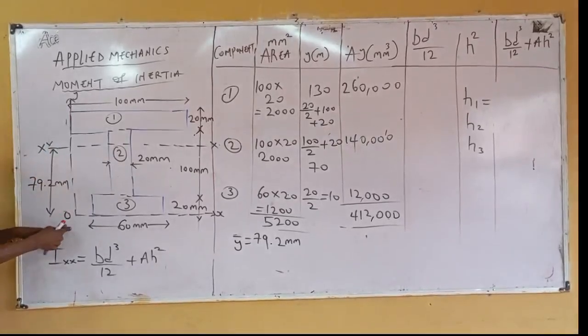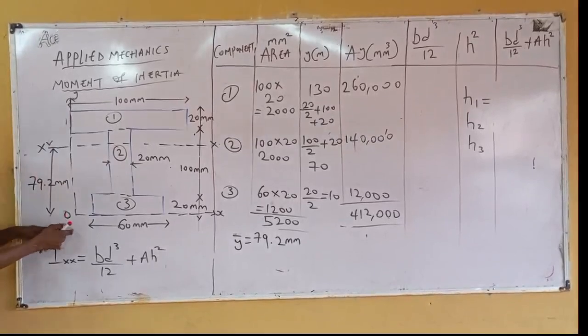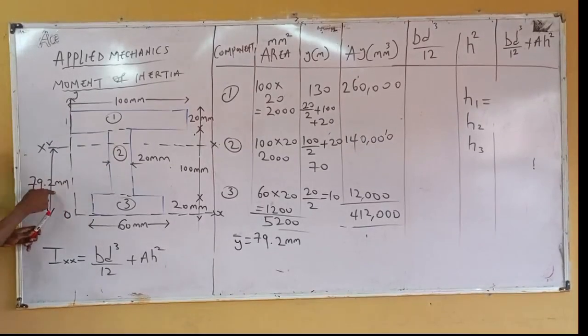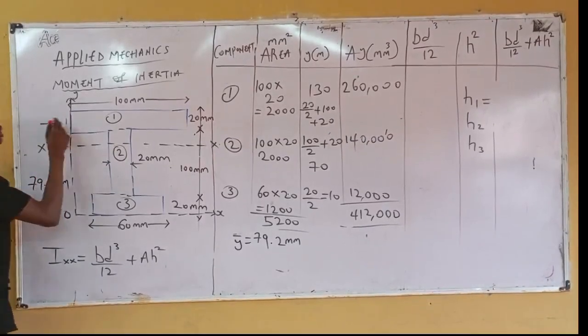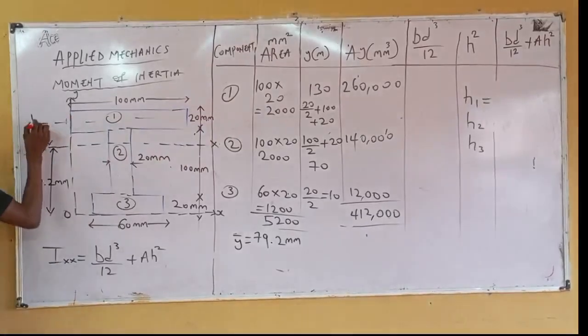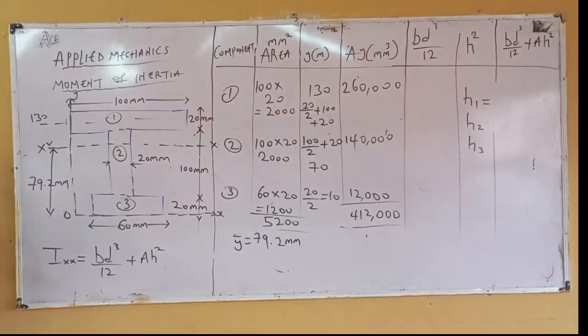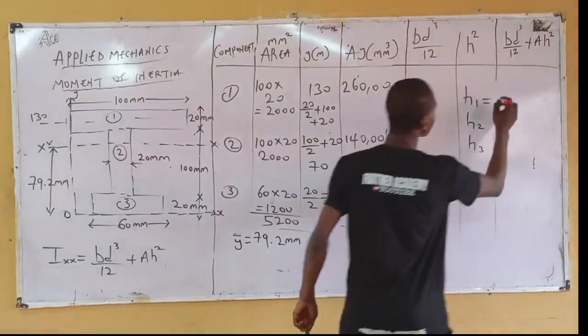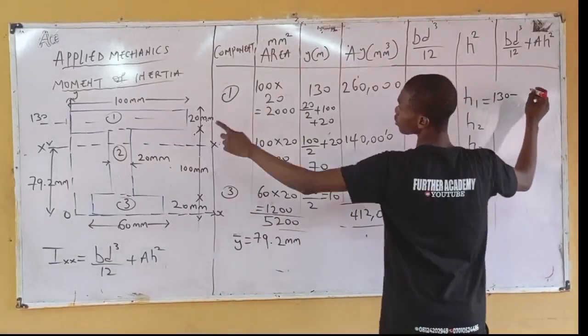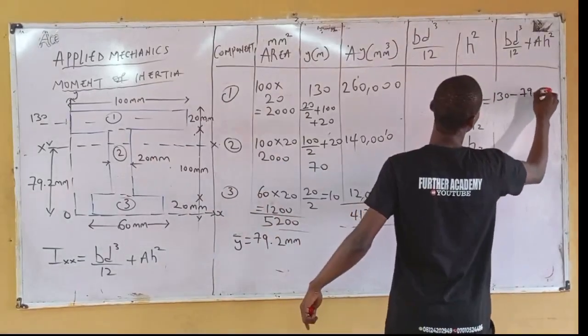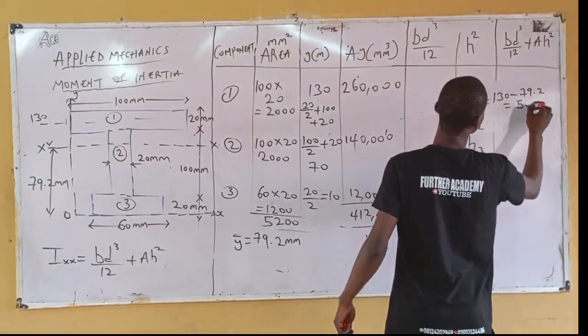Let's take the 130 from the base as well, meaning 130 will be above 79.2. So we'll call this 130. So 130 minus this guy will give you the value of H1. And that's what? 130 minus 79.2. What do you have?